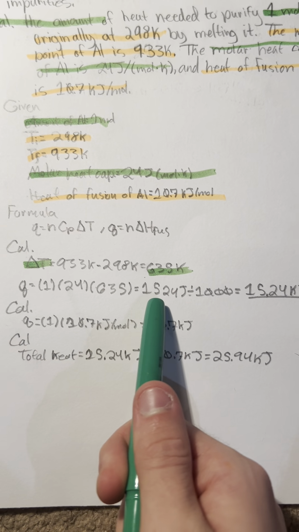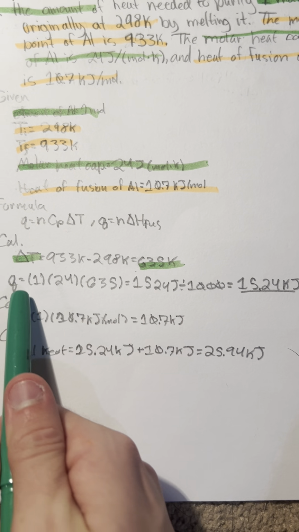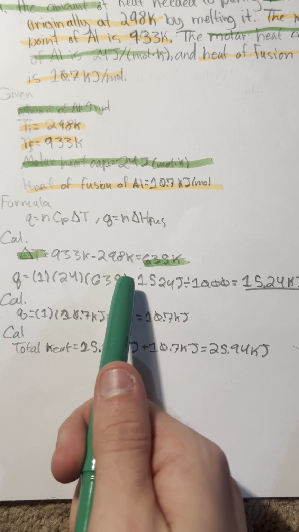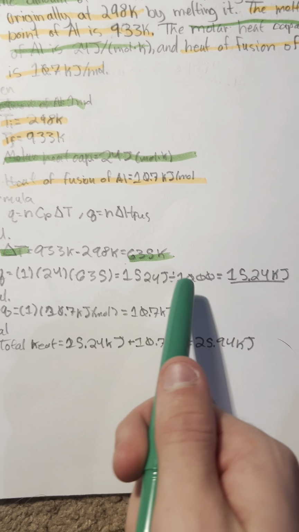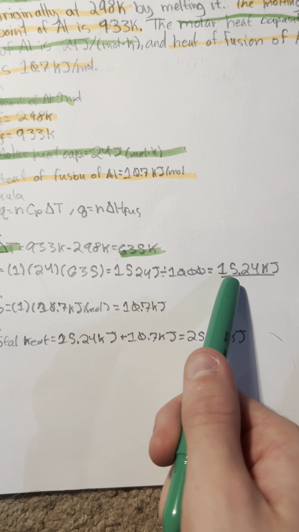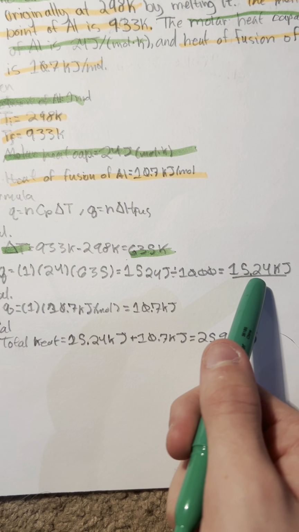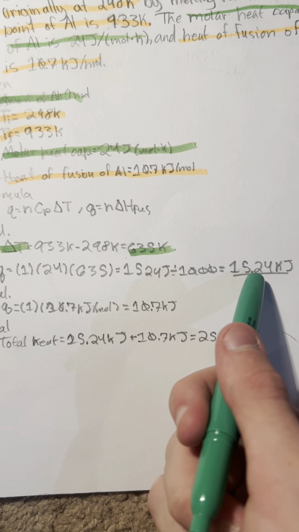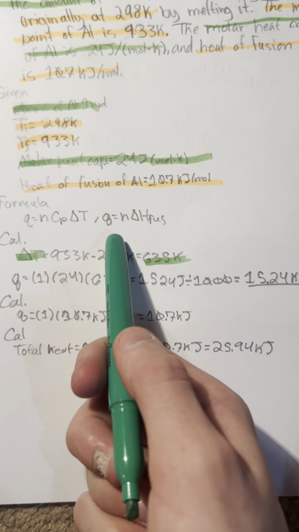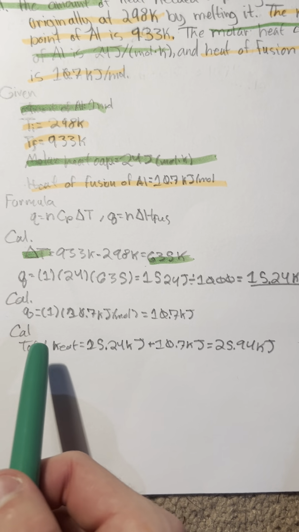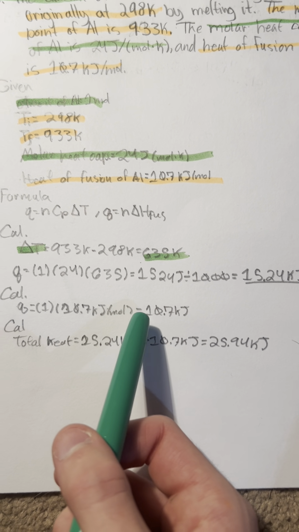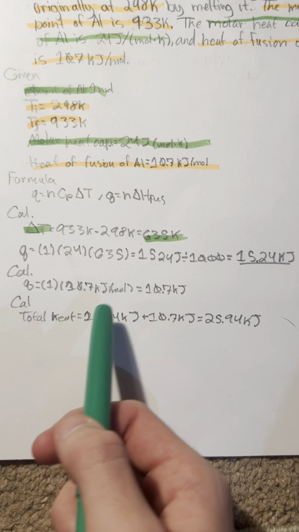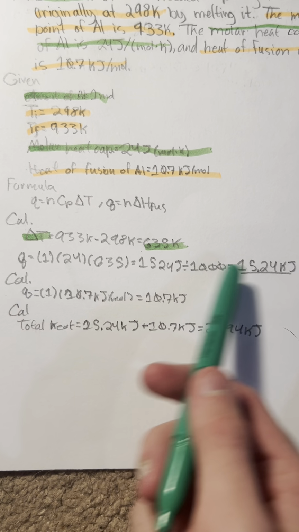Plugging this in for the formula and then dividing the answer you get, because it's just in J and you need it in kJ, to make it 15.24. Sorry, we're not plugging this in for here.